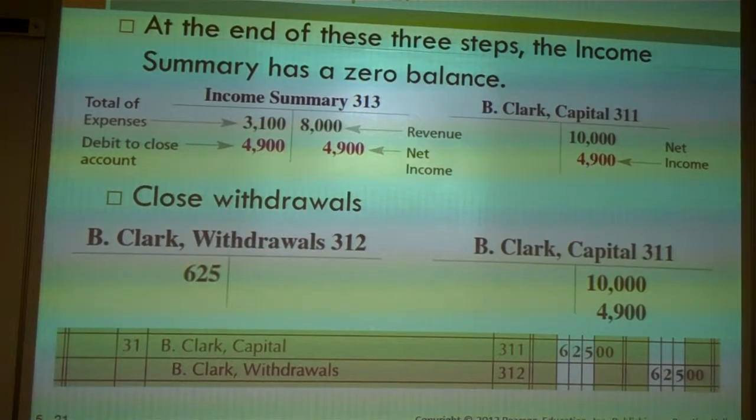It wasn't current. It still had the beginning capital. We said that the ending capital on the statement of owner's equity was the beginning capital for the new accounting cycle, but we didn't make it current. This makes it current. This is why we have to do the closing entries.